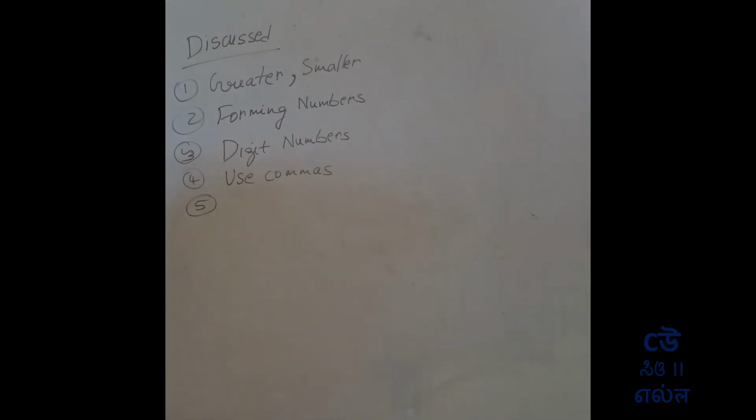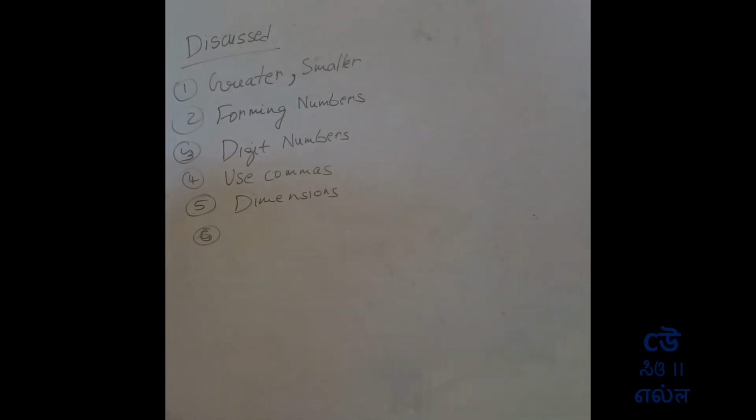Next, fifth, what did we learn? We learned where to use meter and where to use centimeter, and we learned how to write the dimensions, right? We learned 1 meter is equal to how many centimeters, then where to use what, right?